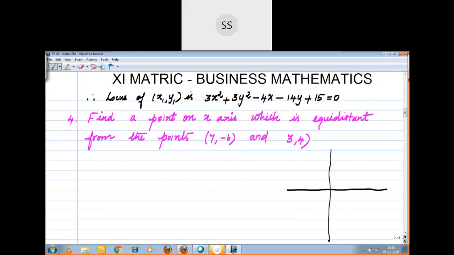Final answer: the x1 and y1 should be replaced by x and y. Now I am going to move to the next question. Find a point on the x-axis which is equidistant from the points (7, minus 6) and (3, 4).